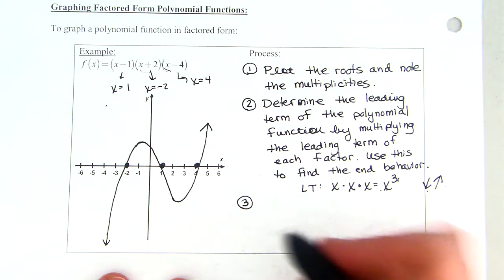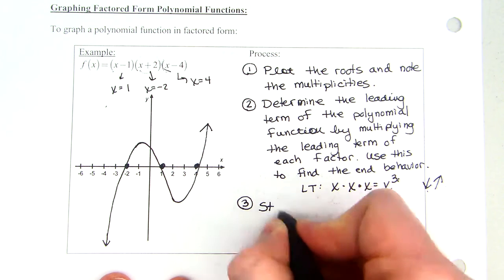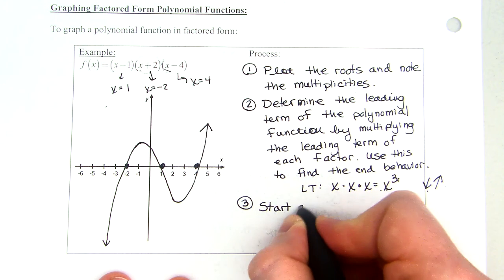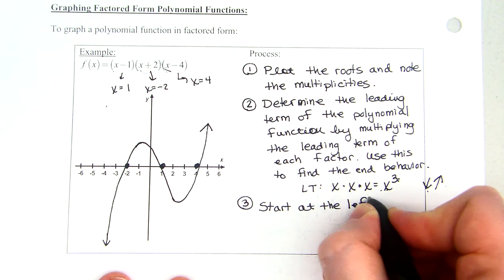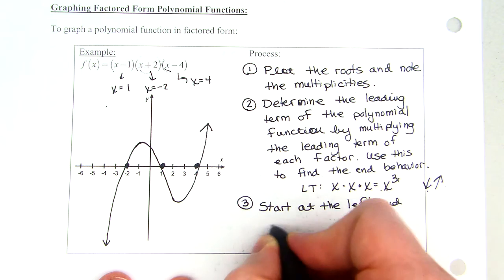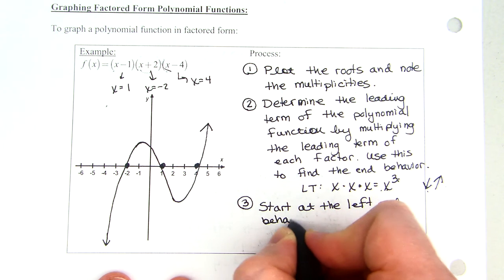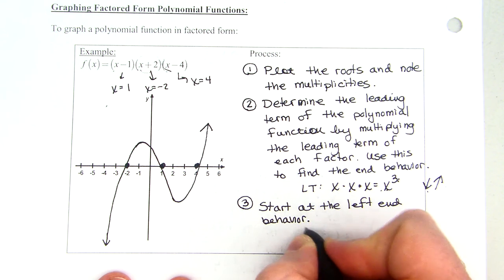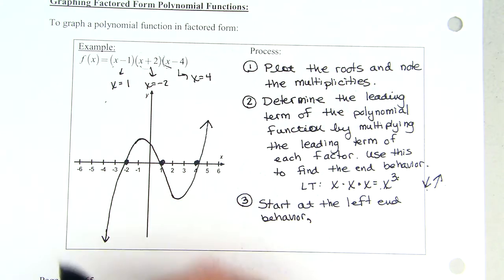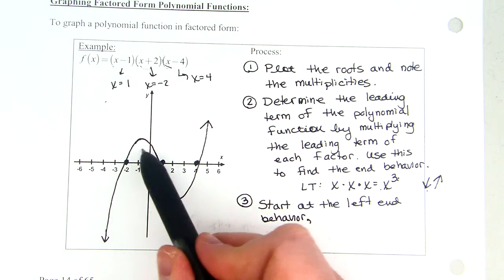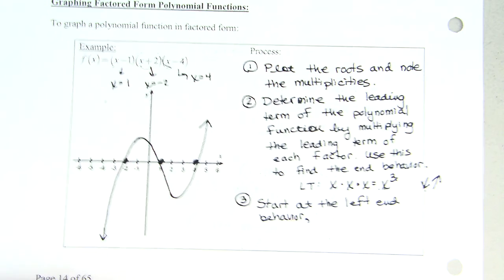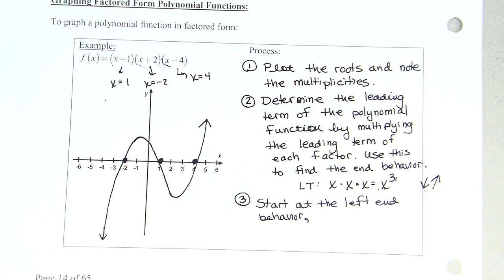To put this into words, I'm going to start at the left end behavior. Then I'm going to approach each root. If my multiplicity is 1, I just go straight through them. If the multiplicity is a different number, which we'll see in a moment, we're going to do some different things.